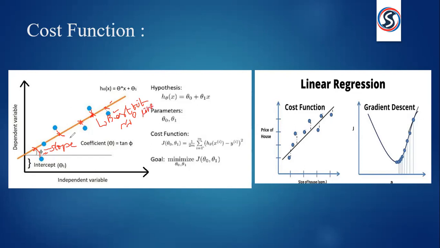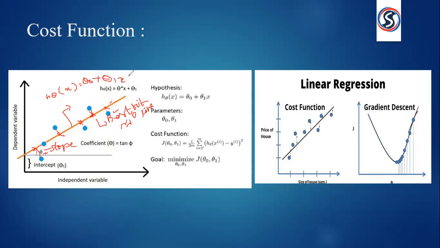Now, what is the formula of this cost function that we are going to use? That is J of theta 0 comma theta 1 equals to. First of all, the equation of this line is h theta of x equals theta 0 plus theta 1 into x.